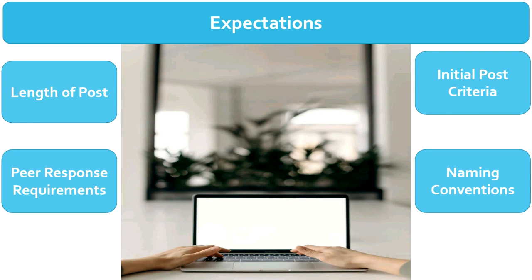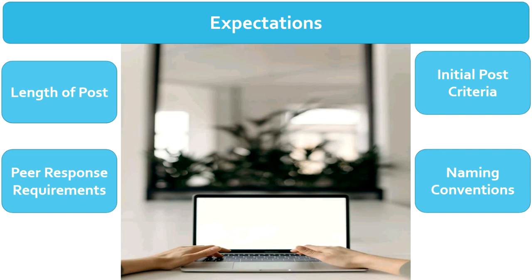A lot of times we just assume the student knows what to do, and we'll see a very short discussion question: explain the three elements of this. It helps if you include any type of reference material, resources, web links. If those are required, make sure those are included.